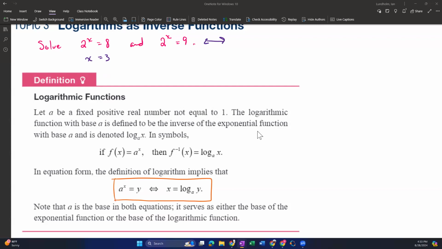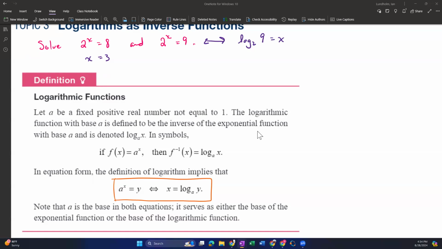The base of the exponent over there is 2. That means it belongs as the base of the logarithm over here. And now we are exchanging the roles of x and y, or in this case, x and 9. So we can throw in 9 right there, and that equals x over here. And so the value for x, the thing that would solve that original equation, is log base 2 of 9, which is its own irrational number.